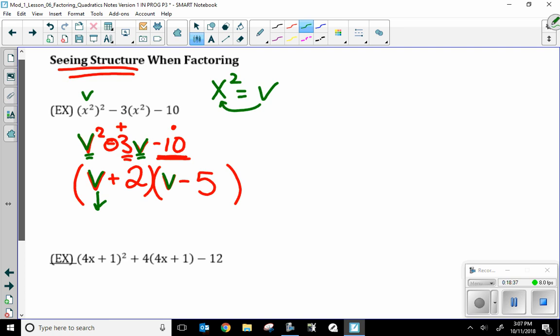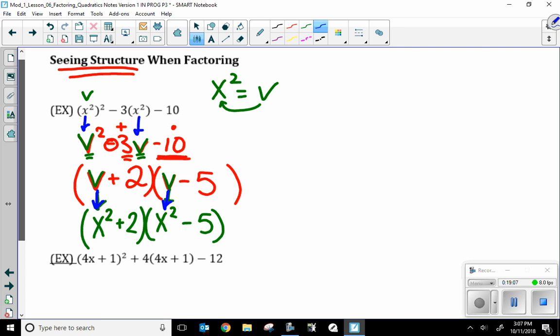V is the same thing as x squared. So I'm just going to substitute my x squared back in. Every place I have a v, I'm going to put my x squared back in. How come? Because every place I had an x squared, I made into a v. So it made my life easier. Now I get to the end, and I got to put my x squared back in for my v.